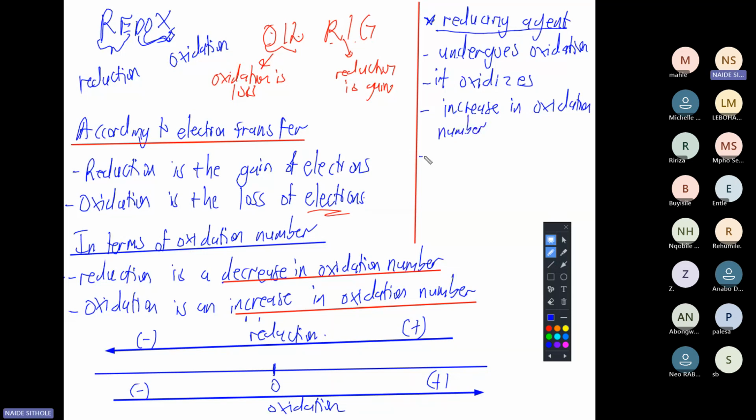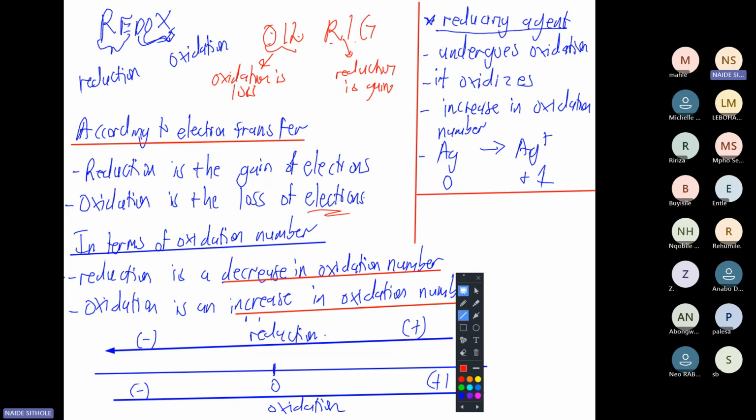An example could be Ag changing to Ag+, from an oxidation number of 0 to positive 1. That's an increase in oxidation number, and that's what we refer to as a reducing agent.